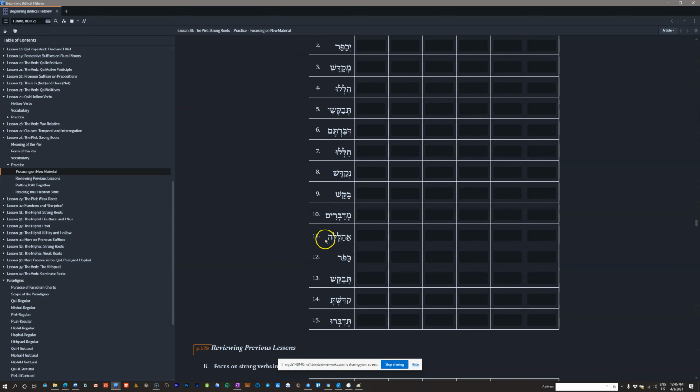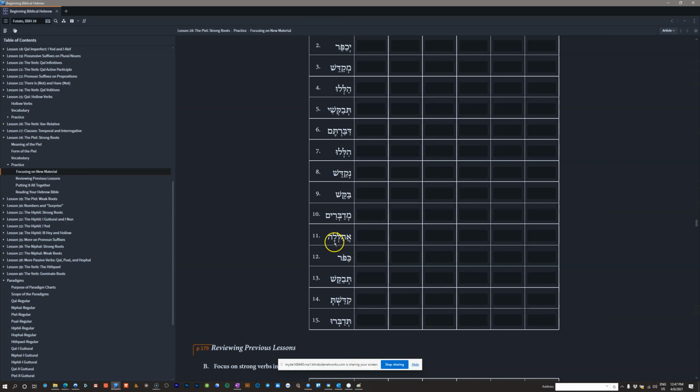Number 11, we've got an aleph prefix with a reduced vowel. Again, this isn't schwa, but it is a hatef patach, which is reduced. So this aleph tells me so many things. It tells me that it is imperfect. It tells me that it is 1c. Actually, it's not imperfect.